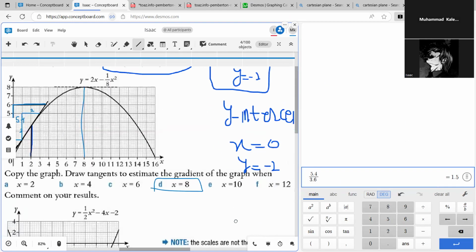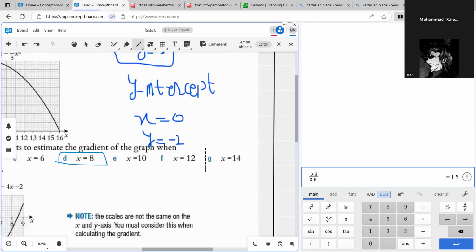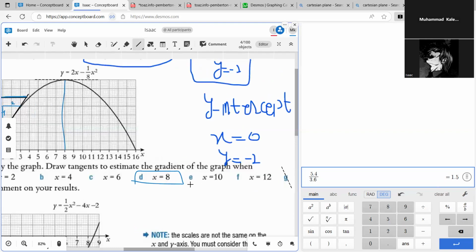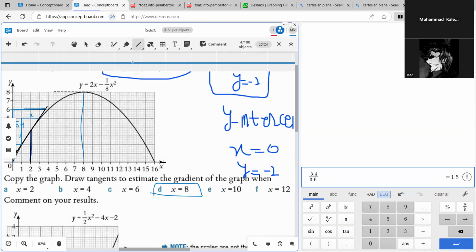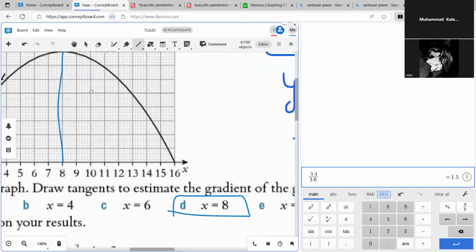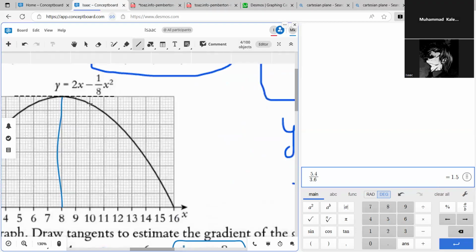Now we have to find out the gradient at, let's suppose, 14. Okay, let's calculate at 10. Where is the 10? 10 is here. So this is the point.